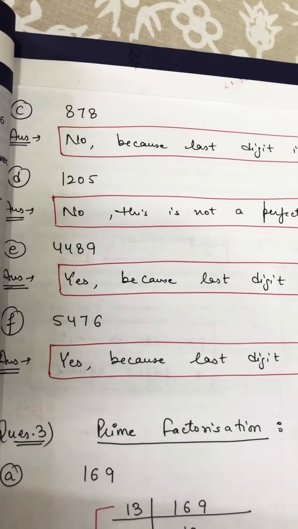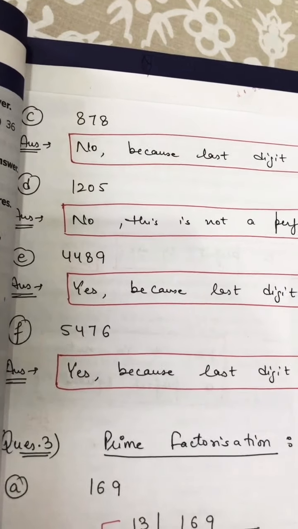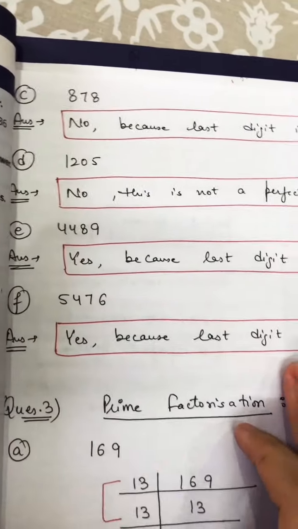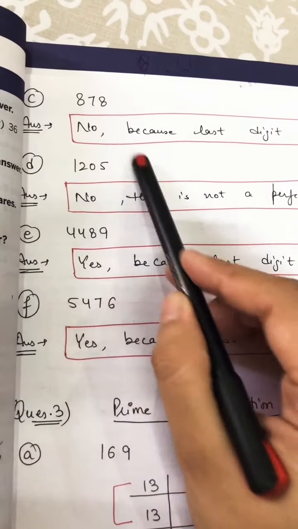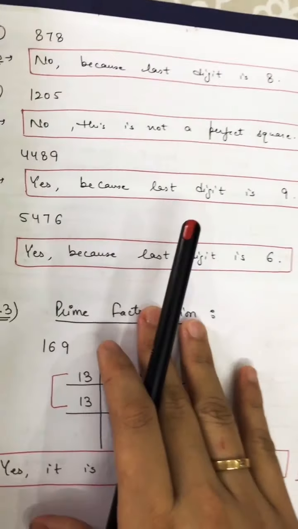So when your number is 1205, the last digit is 5, you have to check with the LCM method once.